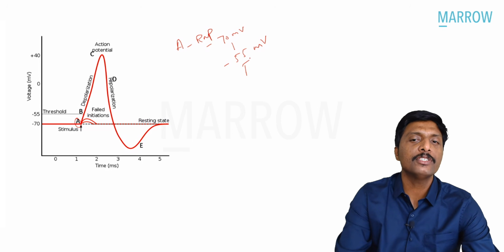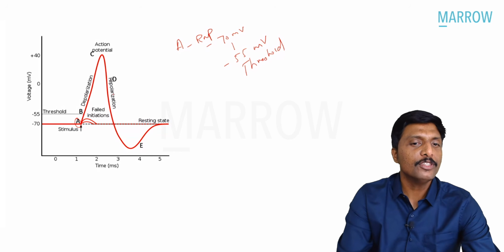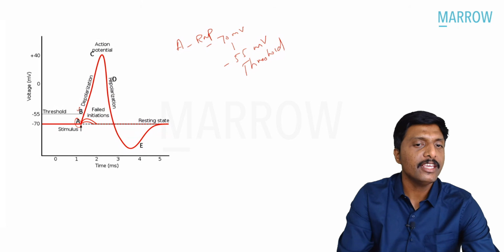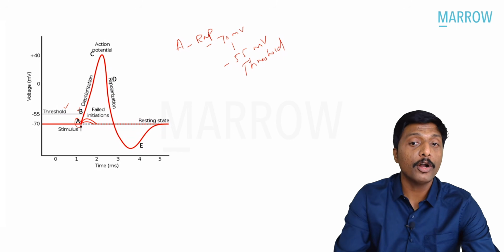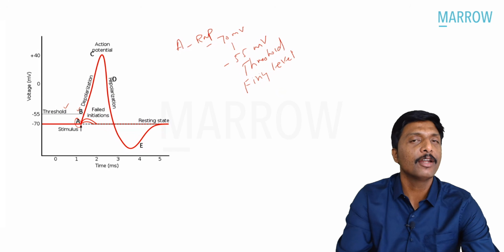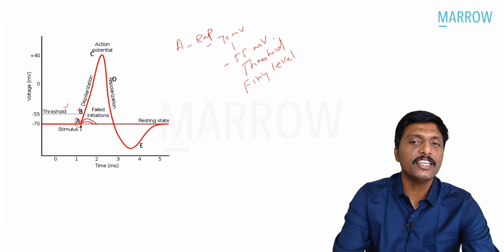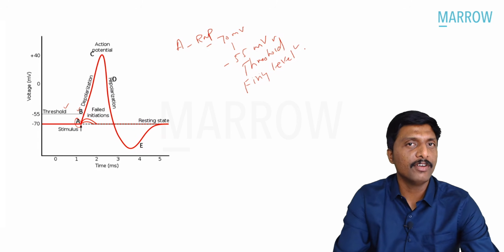What is this value? This value is considered to be our threshold. So this point B is threshold, where action potential will fire. That is why it is also called the firing level. Minus 55 is threshold or firing level.